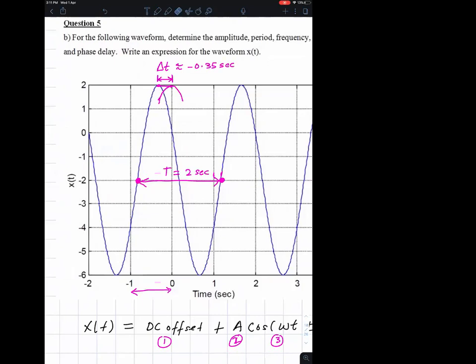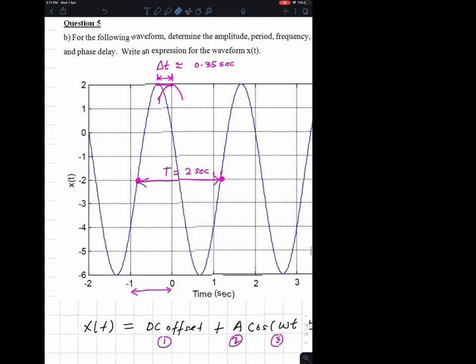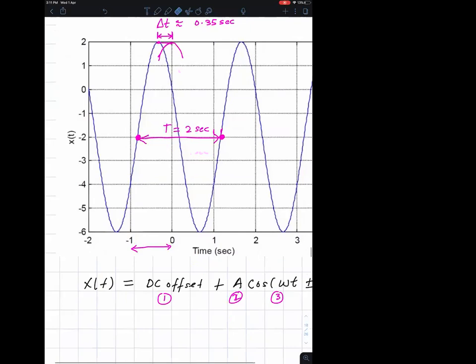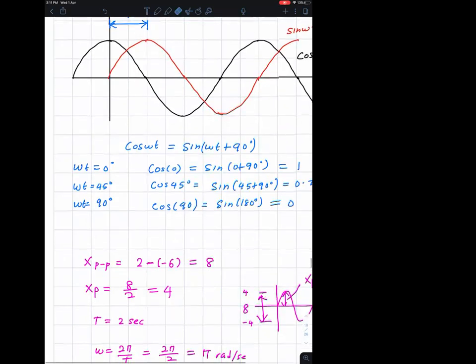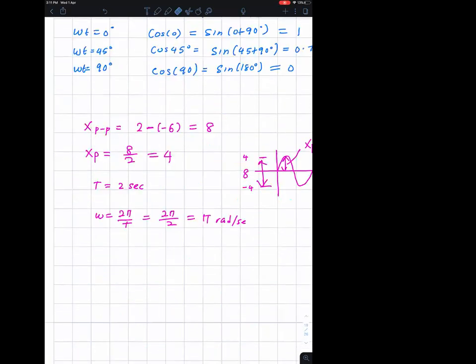But if you just wanted to say a change, that's fine. Approximately 0.35 seconds, 0.33 is fine. Since it's shifted to the left, for delta t I'm going to put a minus sign, minus 0.35 seconds, because it shifted to the left.